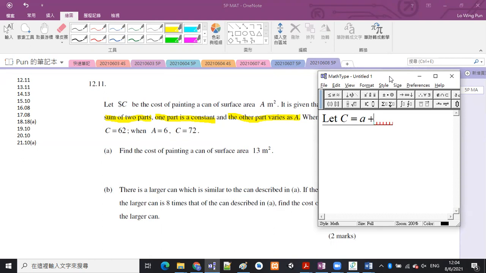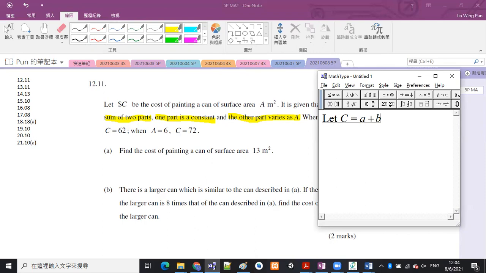So if the question did not mention whether it is direct or inverse, we need to assume that it is direct variation. So the other part varies as A. So I will use a small b to multiply to this capital A for the second part.